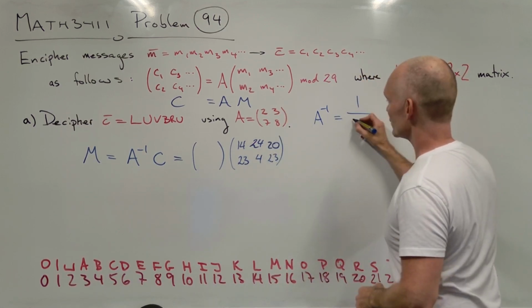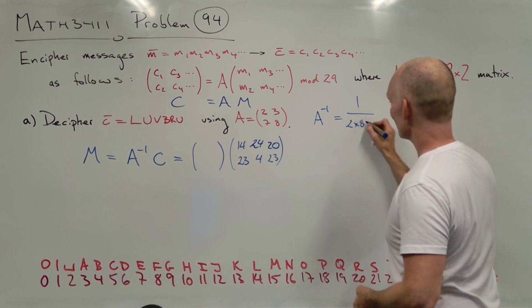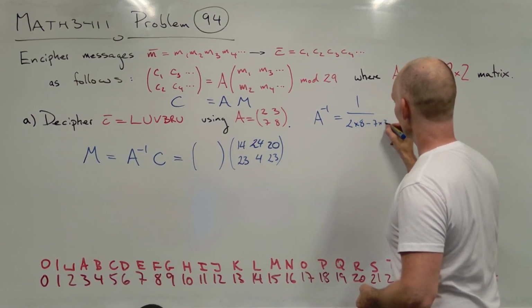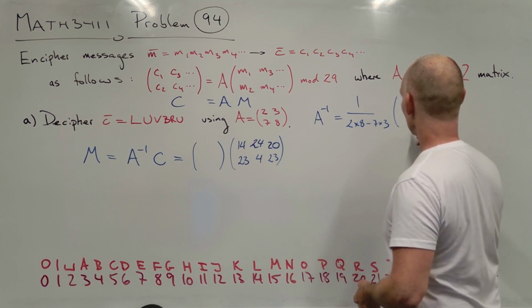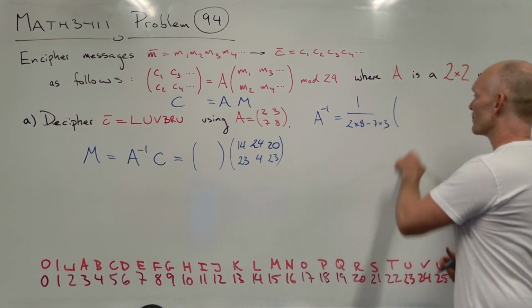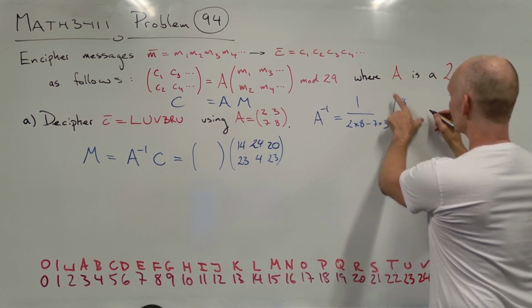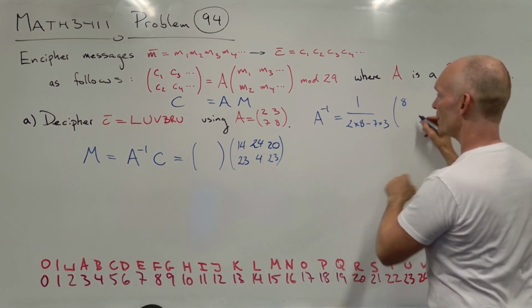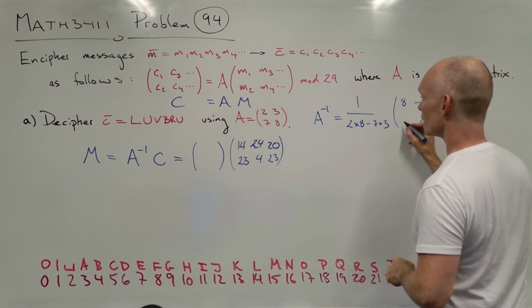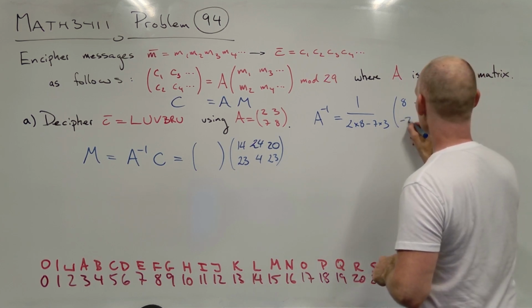So this is the determinant, 2 times 8 minus 7 times 3. And then we look at the entries on the diagonal. We swap them. And then we put a little minus in front of these, minus 7.